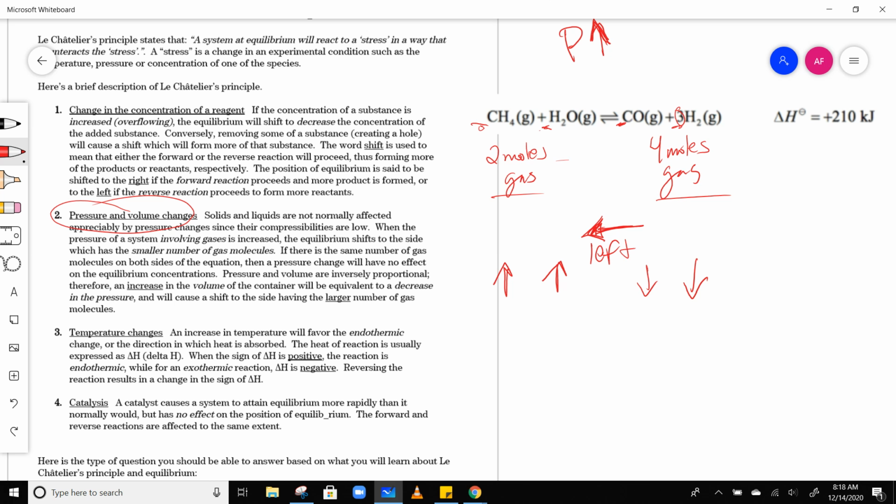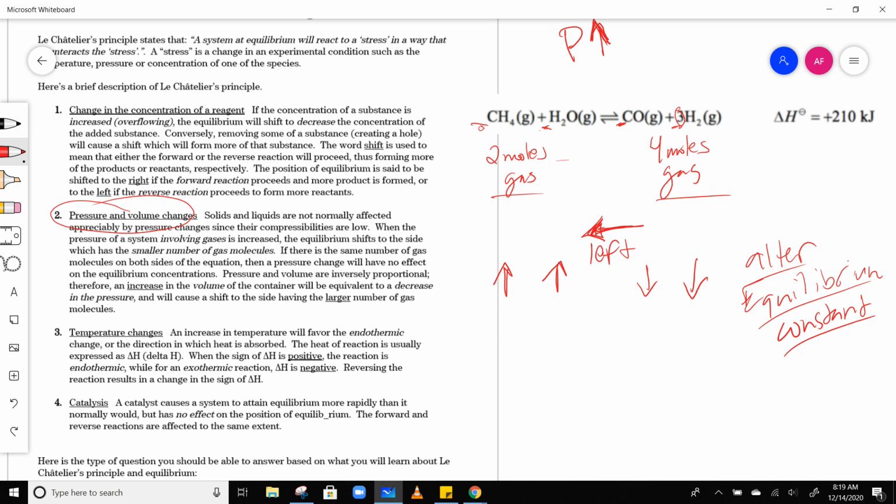Okay, now when we change pressure, this will actually alter the equilibrium constant. Because now we're increasing the amount of reactants, the equilibrium constant would get smaller.